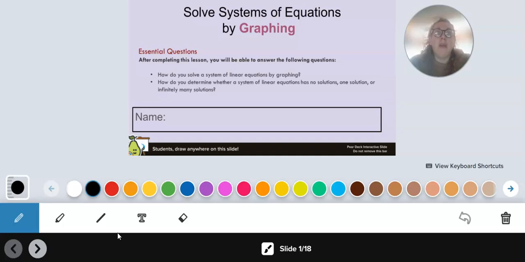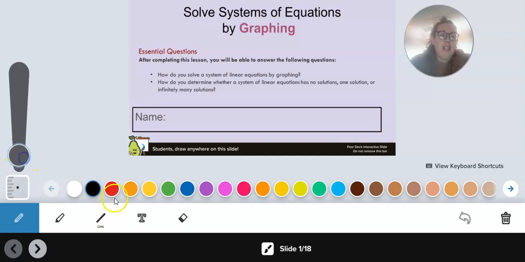Sometimes these equations will intersect and cross to make an X. Sometimes they'll never intersect. Sometimes they're actually the same line. We're going to use that knowledge to solve a system of equations. When we're solving a system, we're trying to find, do these lines intersect? And if they do, where?